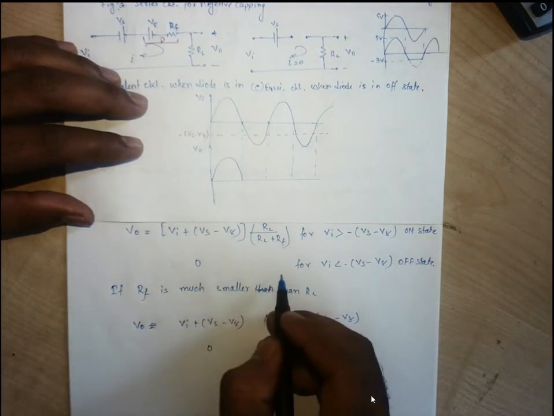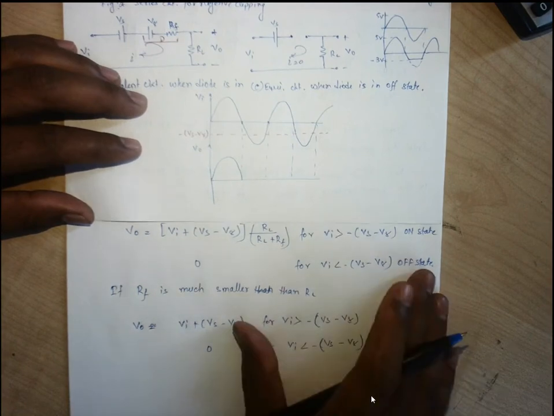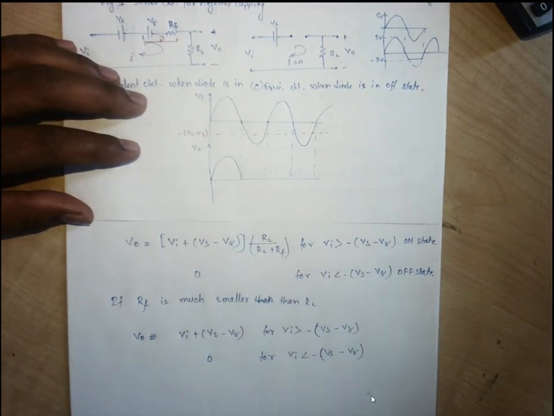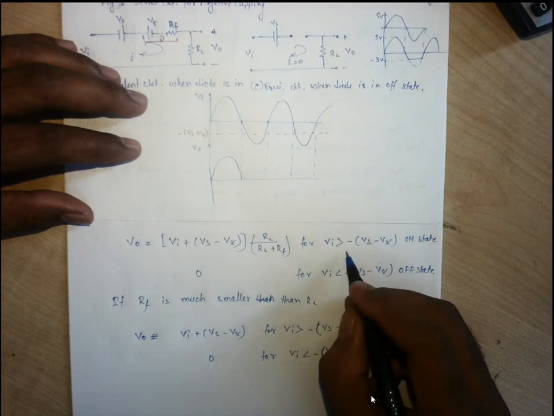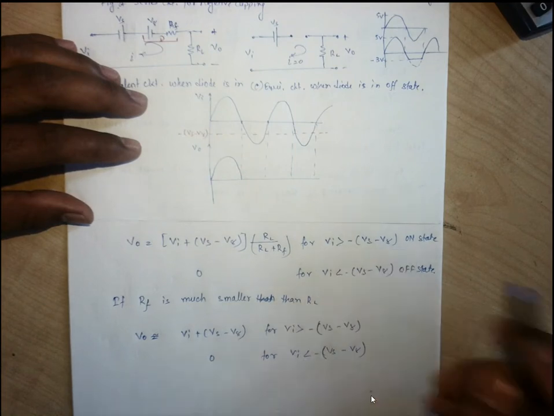We have analyzed the same, but after that value, when the input is greater than that value, let us consider it is minus how much? Just tell me. If it is not on for minus 2, when will it be on? It is supposed to be greater than minus of this value.